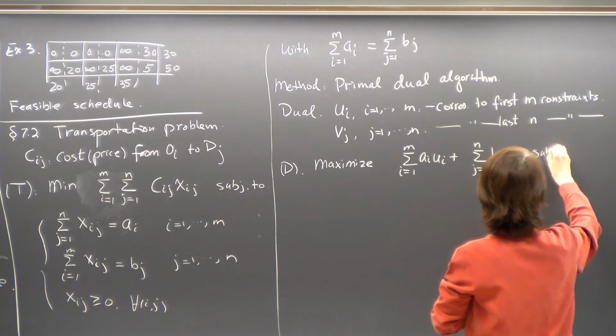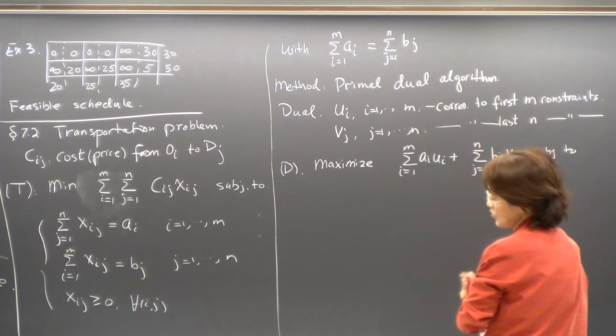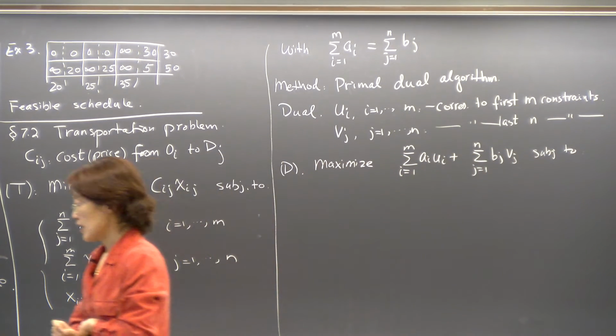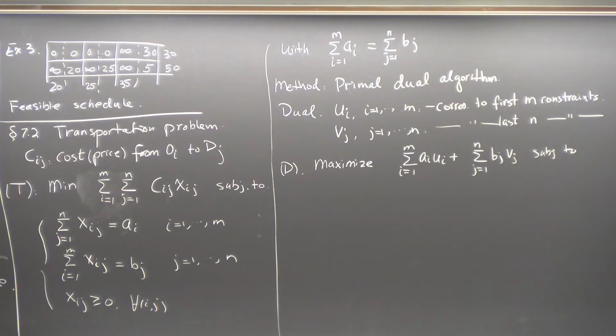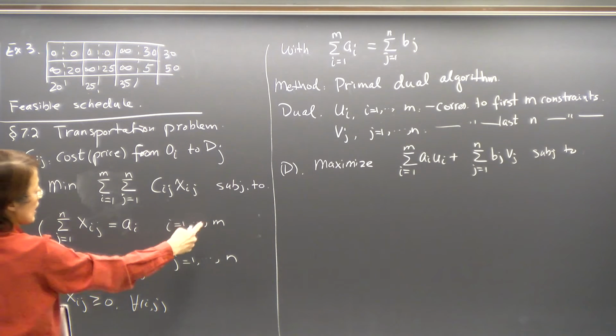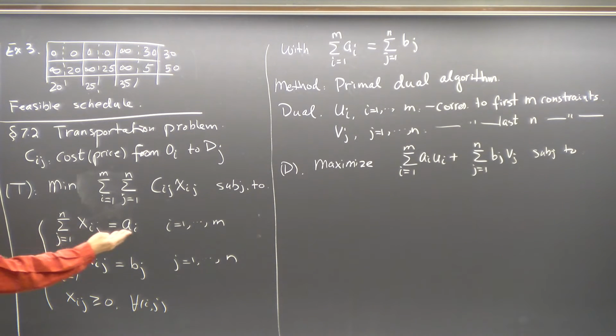So subject to, let's write down the constraints. What are the constraints? The constraints will be this matrix actually. The total number of unknowns here is very big, m times n, and I have only m plus n constraints.